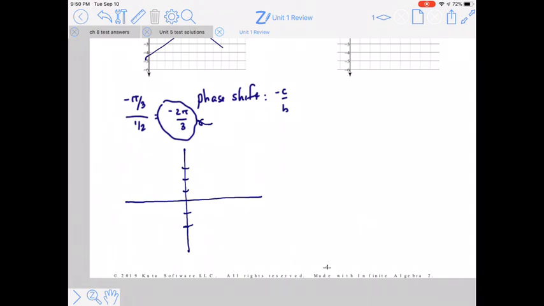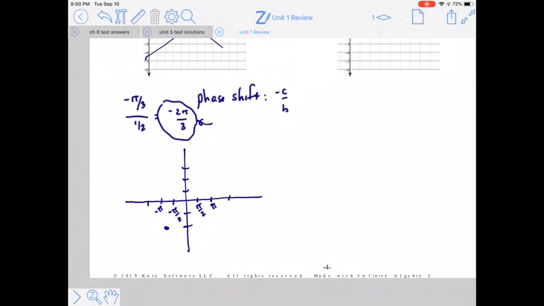So if I have pi halves, pi, negative pi halves, negative pi, then negative 2 pi over 3 is going to be somewhere right around here to the left. And then it's got to shift down 2 units. So then that would place right about there. So this point that I've just plotted is roughly negative 2 pi over 3 and down 2 units.